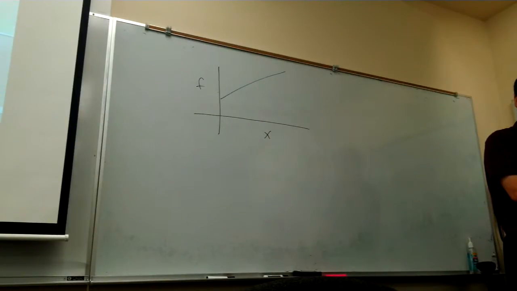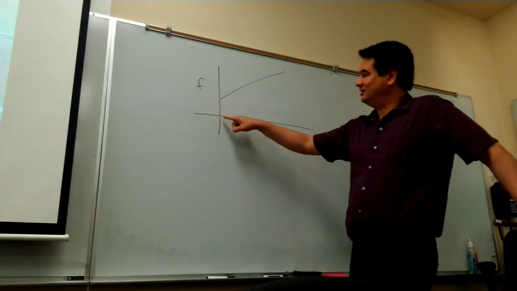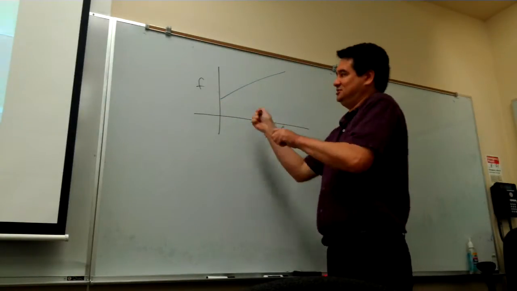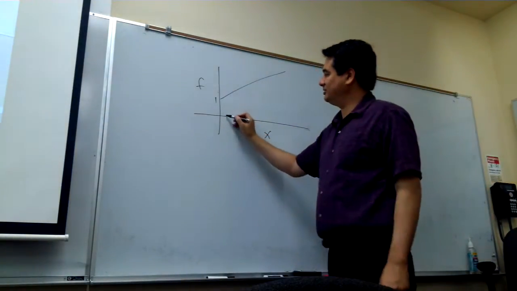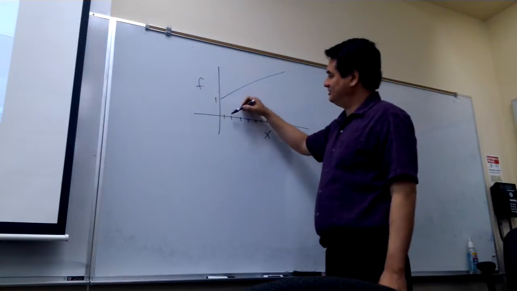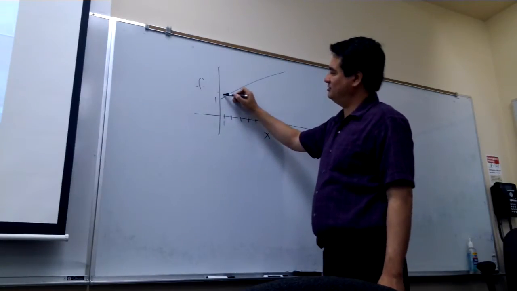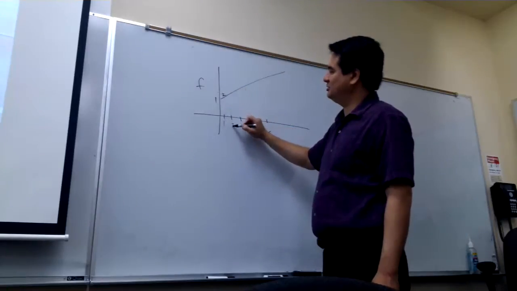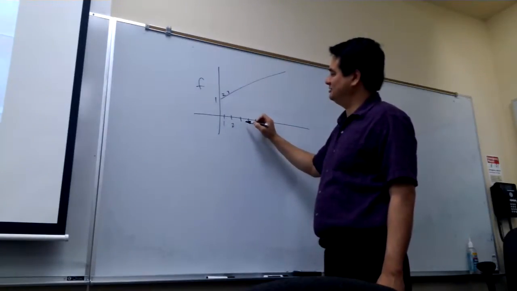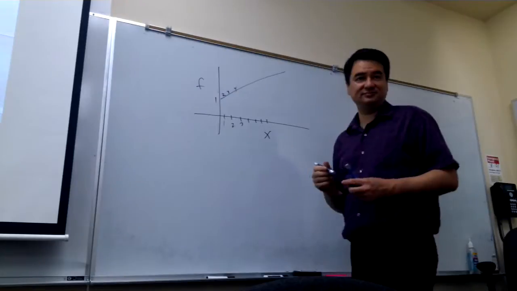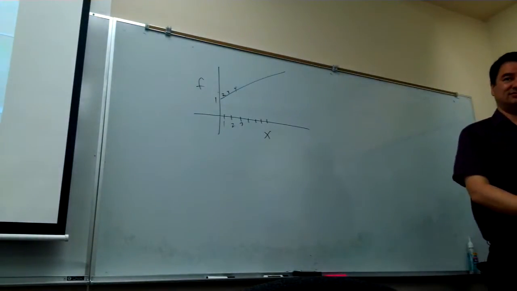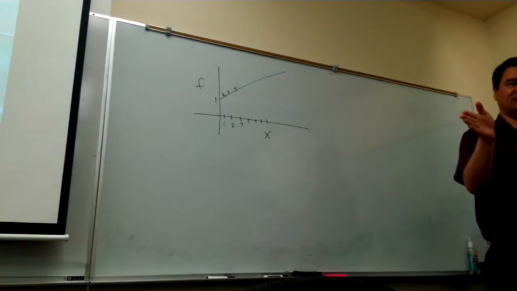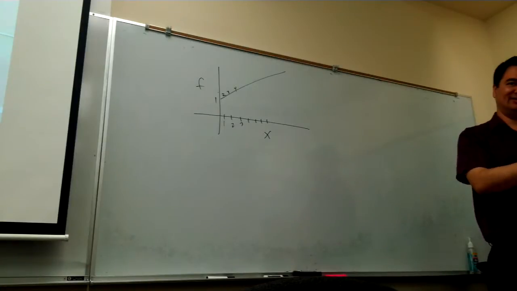Yes. So this says that when you plug in 0, you get, let's say, 1 out. When you plug in 1, you get, let's say, 2. Plug in 2, you get 3. You plug in 3, you get 4. Inward spiral. So every time he takes a step forward, he turns slightly more.